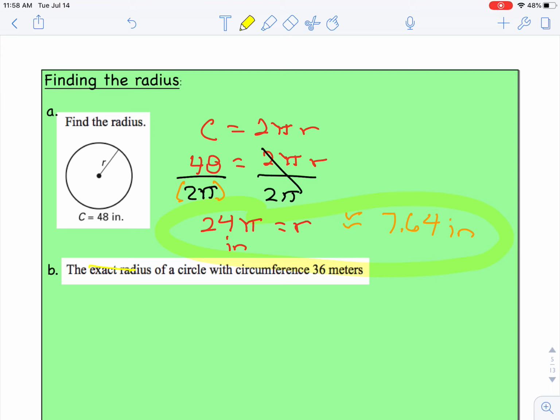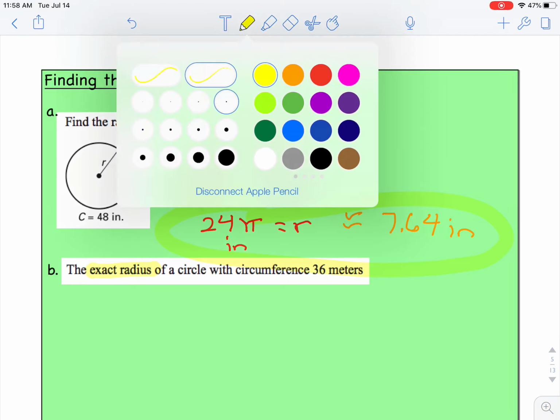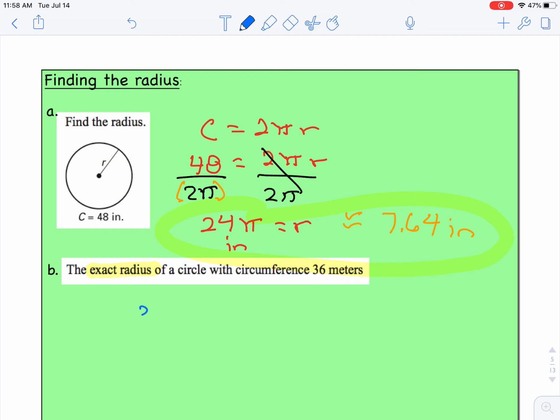The next one, they do specify that they want you to find the exact radius. So again, pay attention. They now want the exact radius of the circle when you have a circumference of 36. I'll just go through that one with you. You have 36 is the circumference, and that's equal to 2 pi r. So we are going to divide by 2 pi.